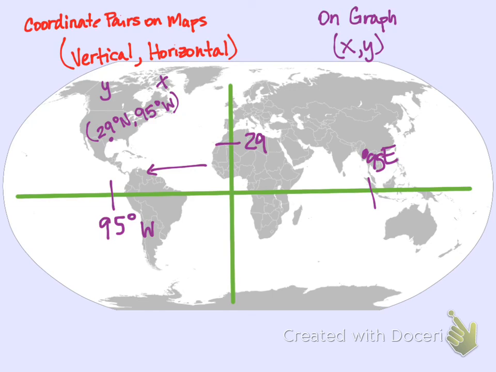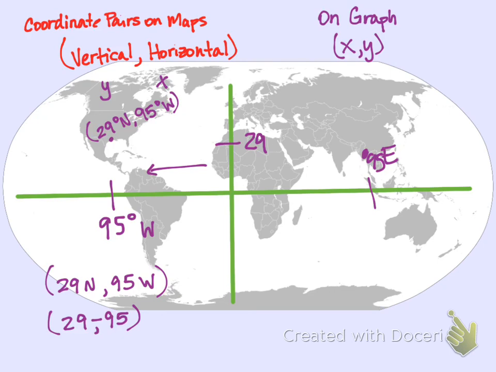Now, sometimes on GPS or sometimes engineers will switch it and just call it negative 95. So you might see it say 29 north, 95 west, or you could see 29, negative 95. If you see 95 and there's no west, then that means to the east. So in this case, since we're going west, you can add a negative.